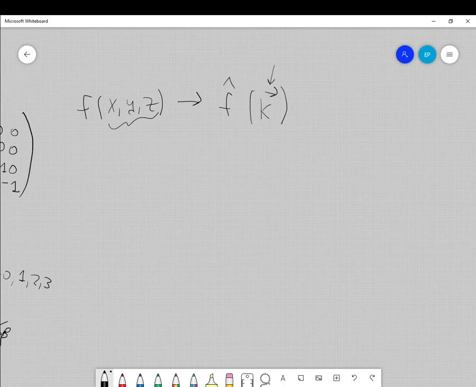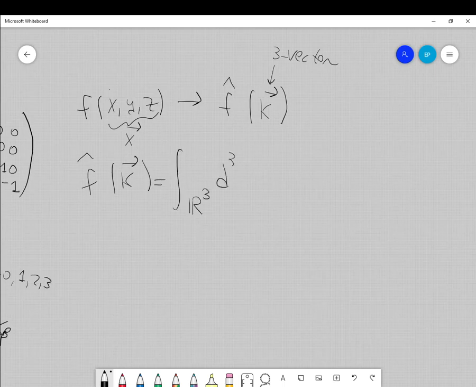In this case, this is a 3-vector represented by kx, ky, and kz, whereas this is the 3-vector x. So f hat of k is just equal to the integral over R3 of d3x. So this is dx, dy, dz, and then I have f of x times e to the i k dot x.